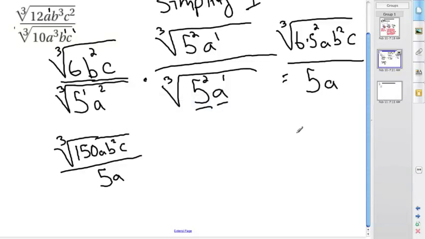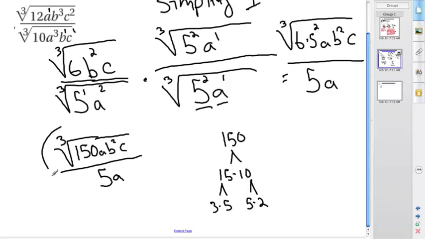For those of you that want to know why there are no perfect cubes in 150, let's break down 150, which is 15 times 10, which is 3 times 5, which is 5 times 2. As you can see, there are no groups of 3 of the same prime number. We'll do the prime factorization tree. So there's our final answer.